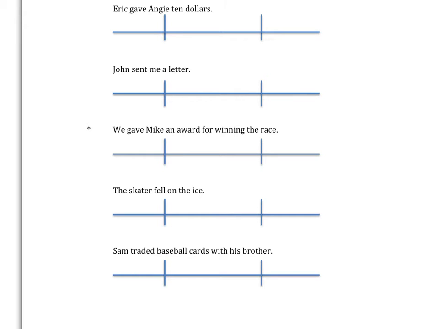Okay, for this next one, Eric gave Angie $10. No prepositional phrase, but the action verb. Remember, these are always going to be action verbs when you have direct and indirect objects. Is gave. The subject, who gave? Eric gave. The direct object is what Eric gave. He did not give Angie away.